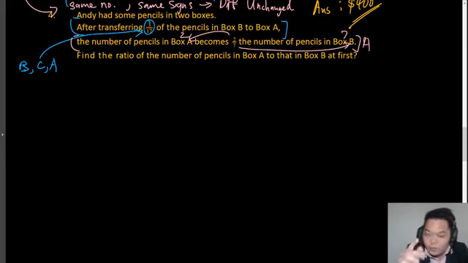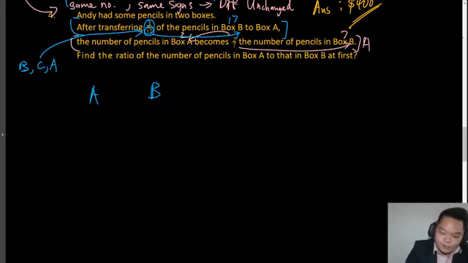Okay, so why did I say that within this 3 out of 17 itself lies your information about before, change, and after? This is something very critical that you need to know how to do on your own. So let's look at it this way. 3 out of 17 of the pencils in box B means that box B at the beginning, okay, let's draw the before, change, and after table first.